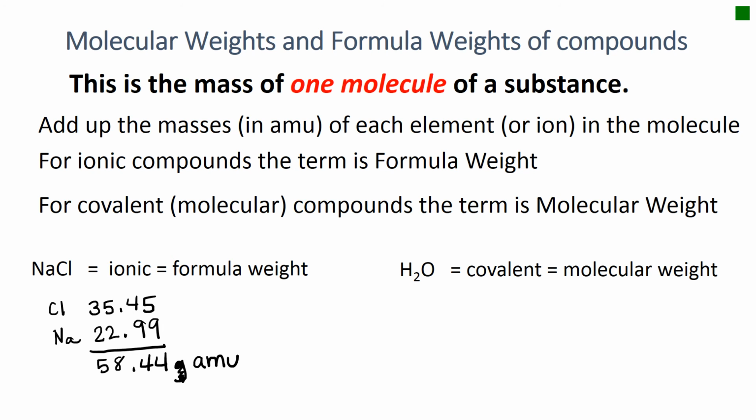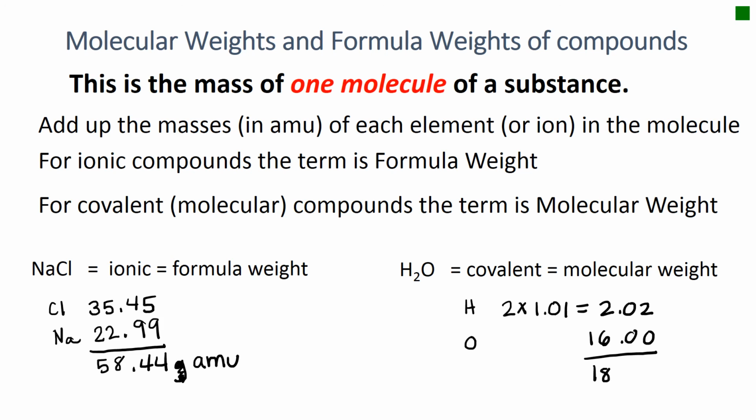This time I'll do hydrogen first. We have 2 hydrogens, so I have to do 2 times the mass that I find on my periodic table, 1.01. So I get 2.02. And then for oxygen, I only have 1 of those, so I can just add it up and line those up. I like the way you line up those decimals.